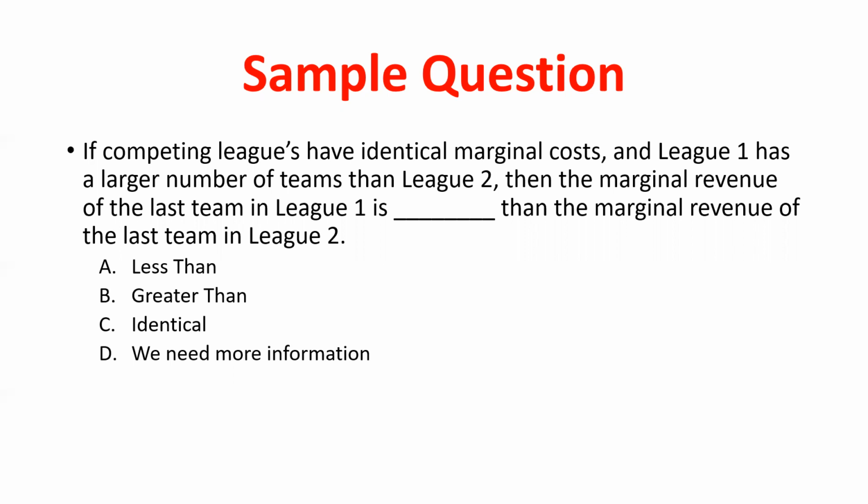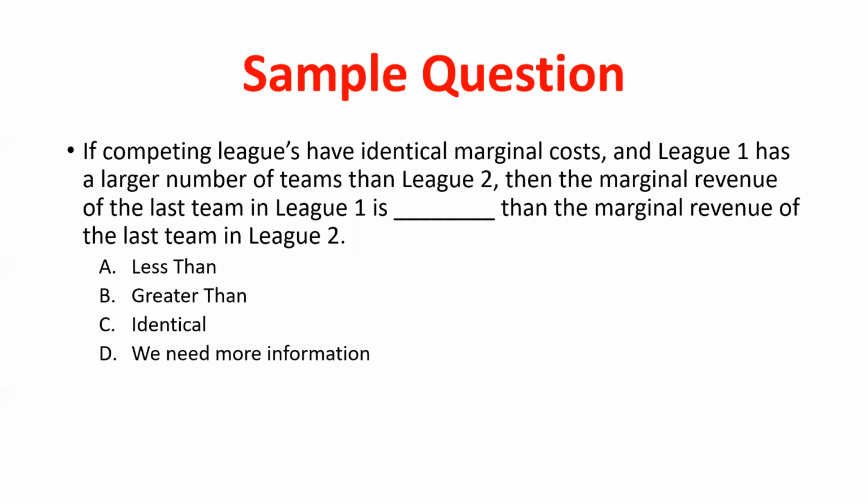It was said that League 1 has a larger number of teams. So the only way League 1 will target a higher optimal number of teams is if their marginal revenue curve is intersecting the marginal cost somewhere over here. So it has to be that the marginal revenue for the league, that's 1, this is 2.